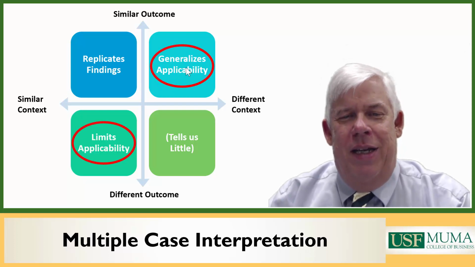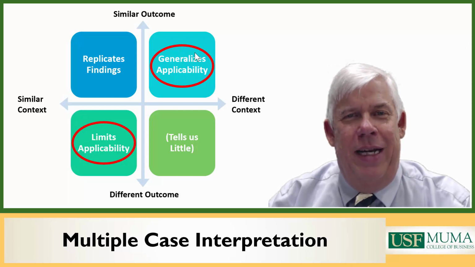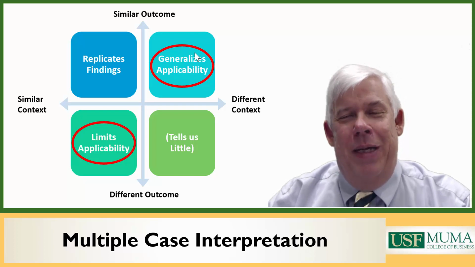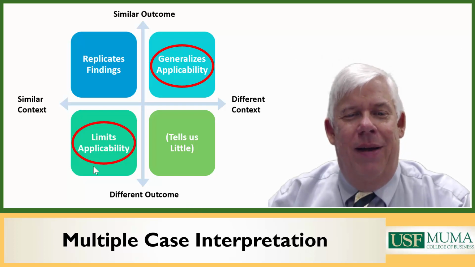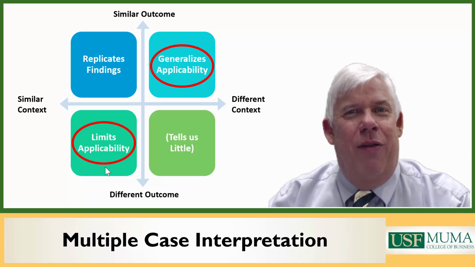The similar outcome, different context involves generalizability. It suggests, hey, this result may be very generalizable, and similar context, different outcome basically suggests that the theory is rather brittle.